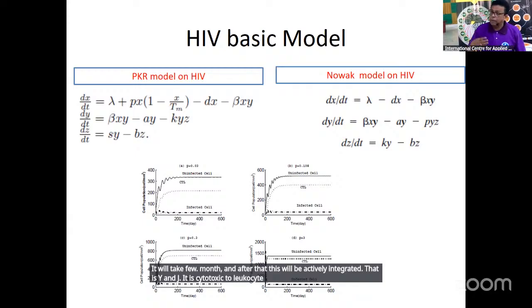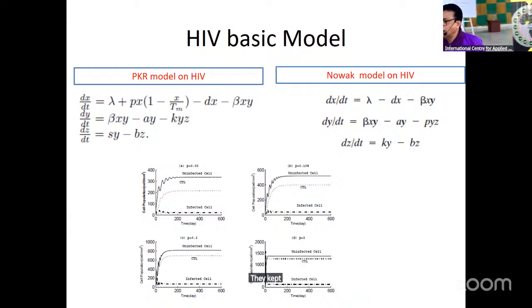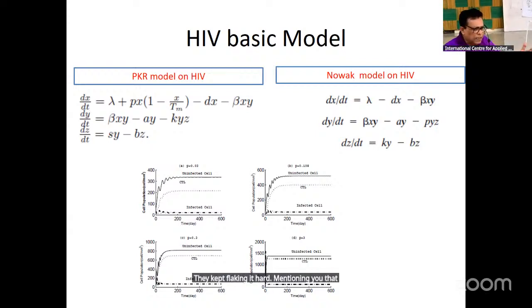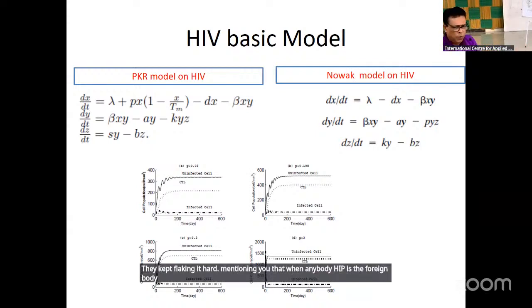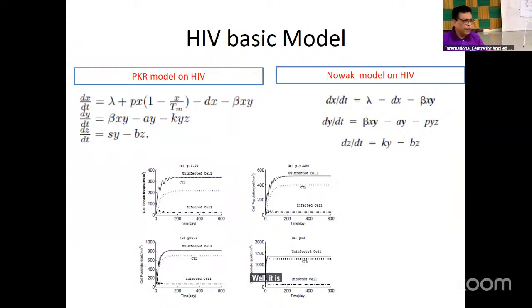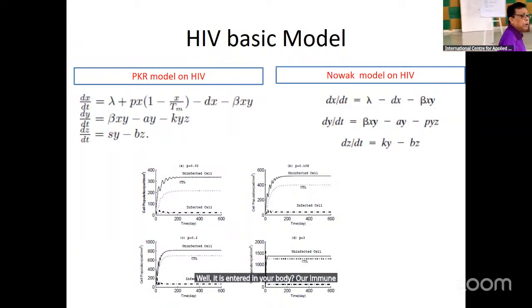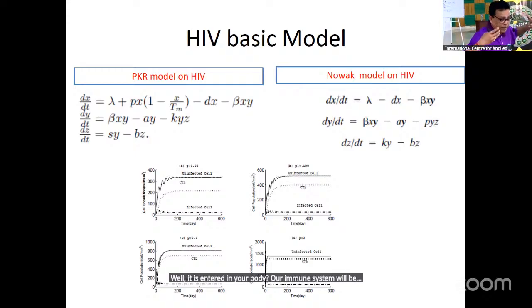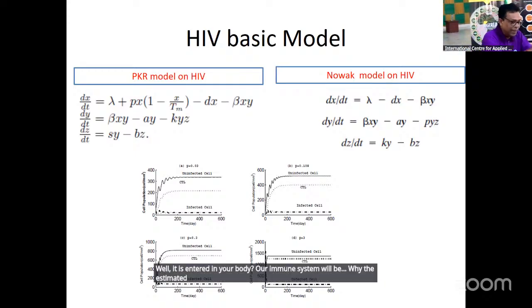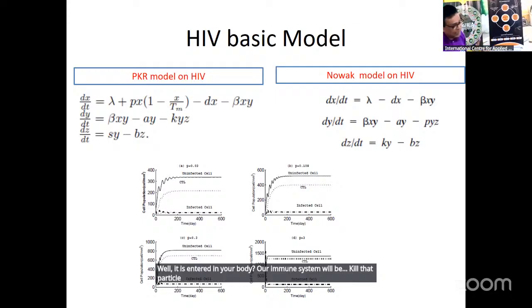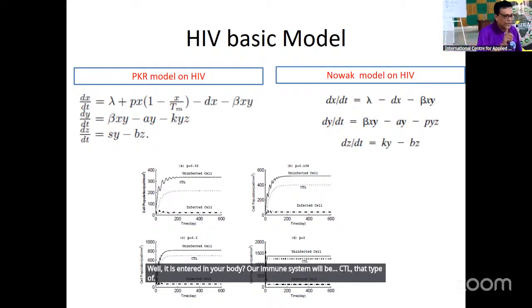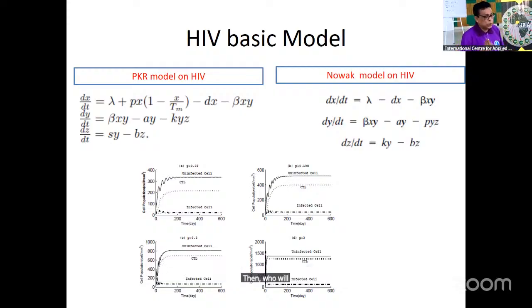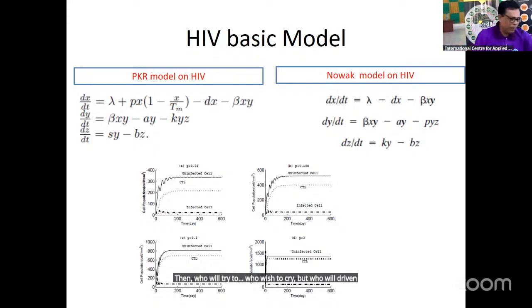Just recapitulating: HIV is a foreign particle. When it enters your body, our immune system will be activated to kill that particle. CTL is the type of cell that tries to kill that particle.